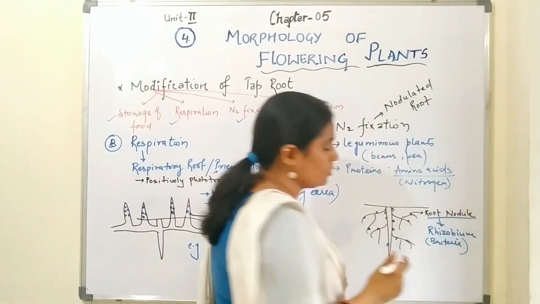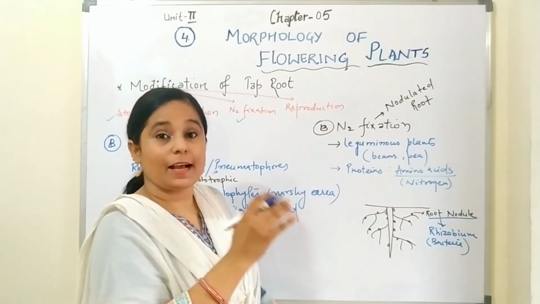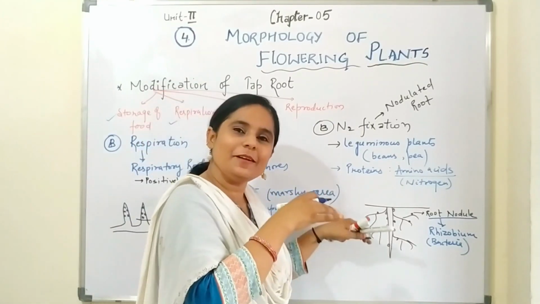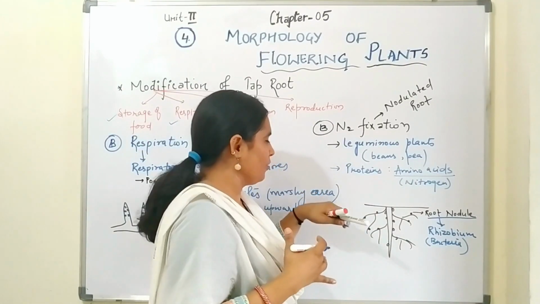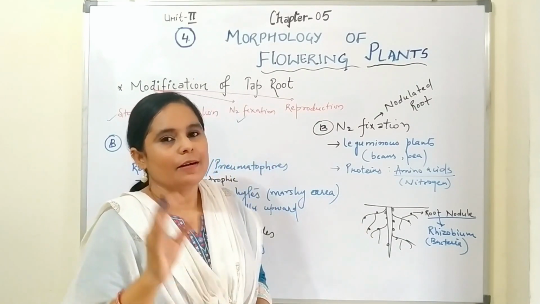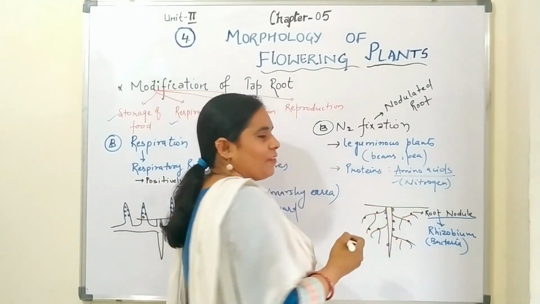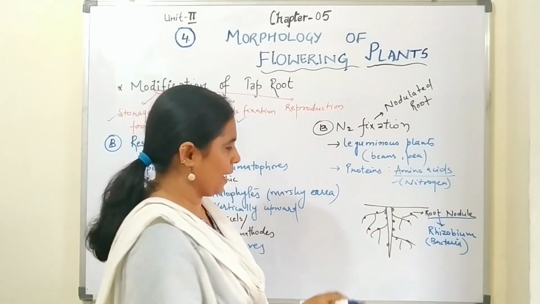In these nodules, Rhizobium, it's a bacteria, is present, and these bacteria are the personal bacteria of leguminous plants, which help them in nitrogen fixation. And I have told you why fixation of nitrogen is so important for the plants.